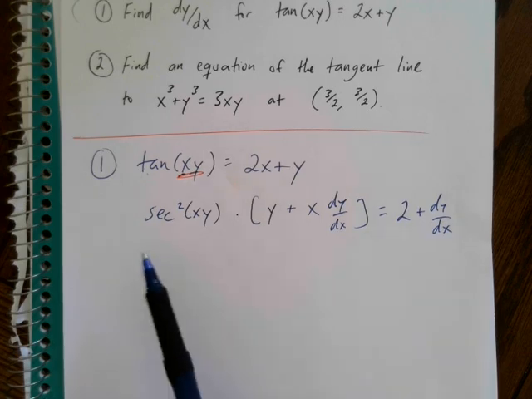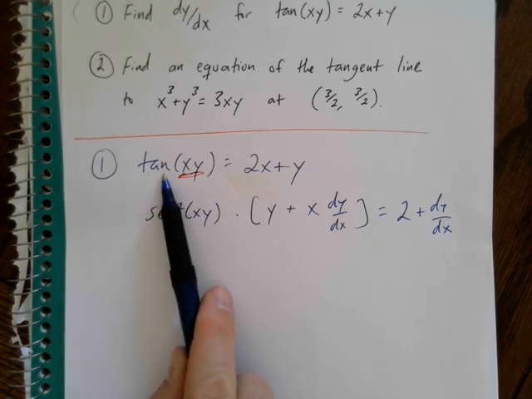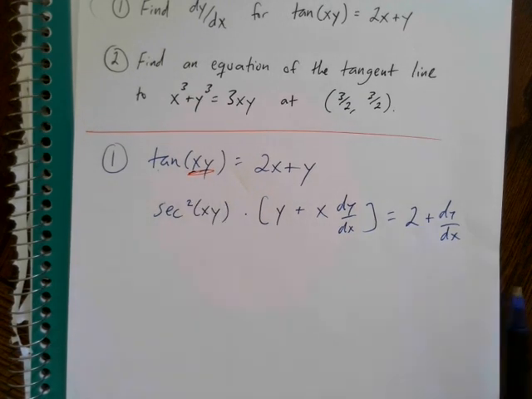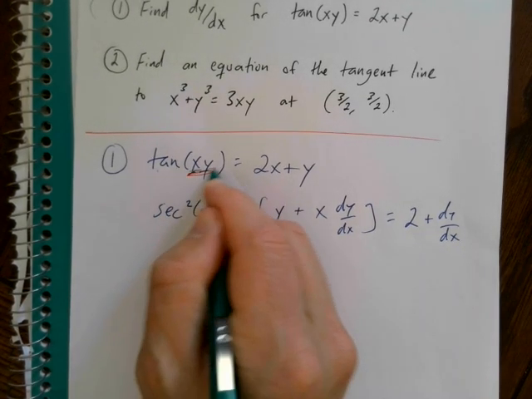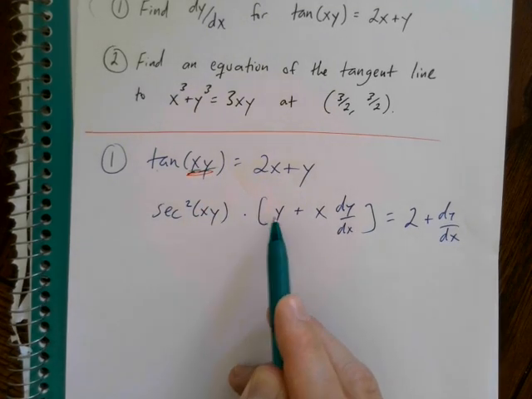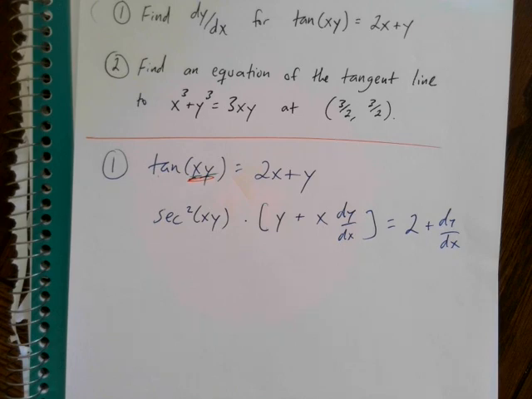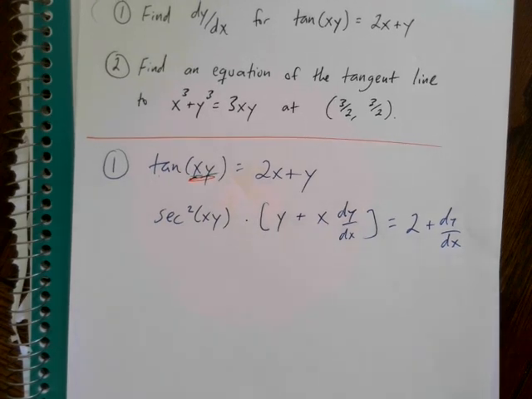So again, the left side needed the chain rule and the product rule. Tangent goes to secant squared, and then x times y is a product, so it's the derivative of x times y plus x times the derivative of y. And then we solve for dy/dx. We have to multiply out the left side of our expression.